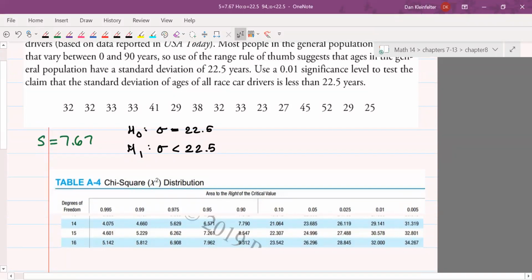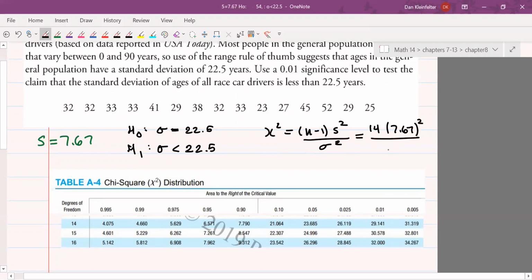Okay, so then test statistic. Okay, so how many values do we have? 1, 2, 3, 4, 5, 6, 7, 8, 9, 10, 11, 12, 13, 14, 15 values. So n minus 1 is 14 then. Our S was 7.67.